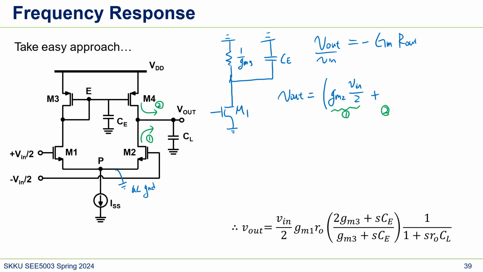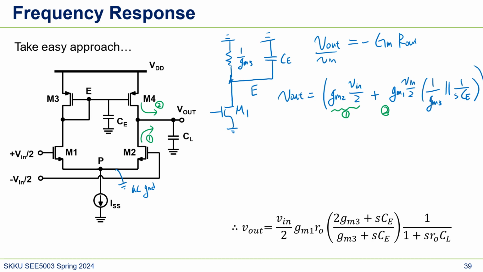First from here, and this part is E. Let's calculate the voltage change at node E. That will be GM1 times V in over 2. So that's the current change, and then we need to calculate the impedance here, and that will be 1 over GM3 parallel SCE, right?